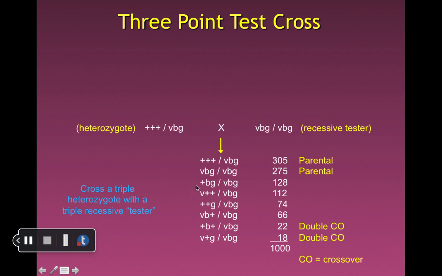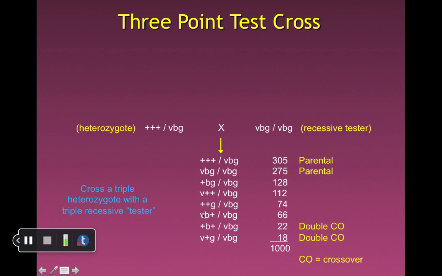Take a look at genotypes 3 and 4, compare those with the parental genotypes, and you're going to see that if you flip the position of the V and this plus in the parentals, that gives you genotypes 3 and 4. So we know these 2 represent crossovers between the V and the B alleles.